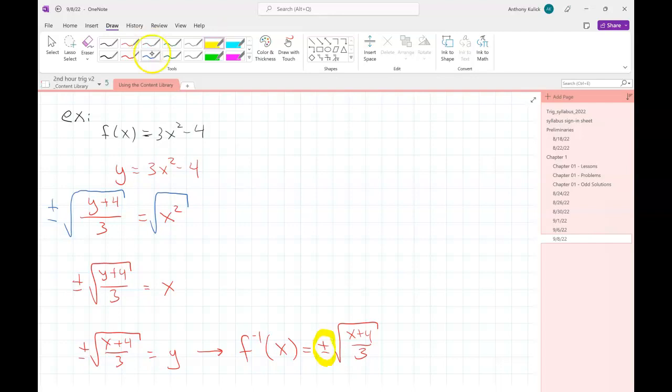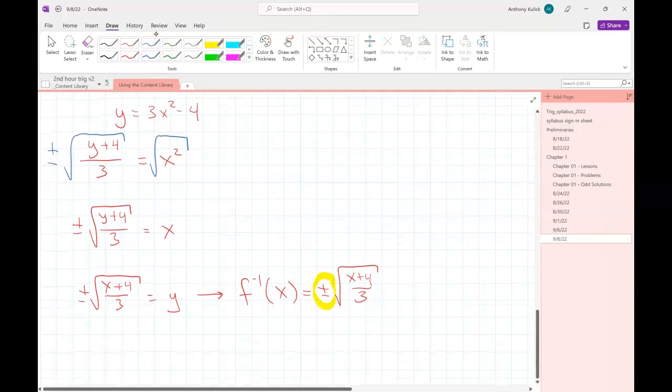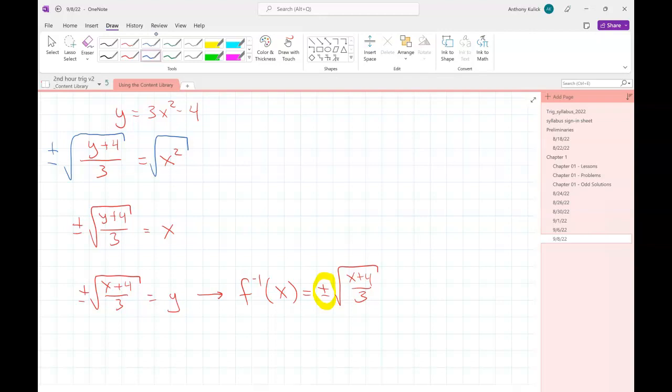The plus or minus. So for example, if we have x is 0, 4 plus 0 is 4, so you'd have the plus or minus the square root of 4/3. You have 1x going to 2y's. So we know immediately the plus or minus should be hinting at us that this is not a function.